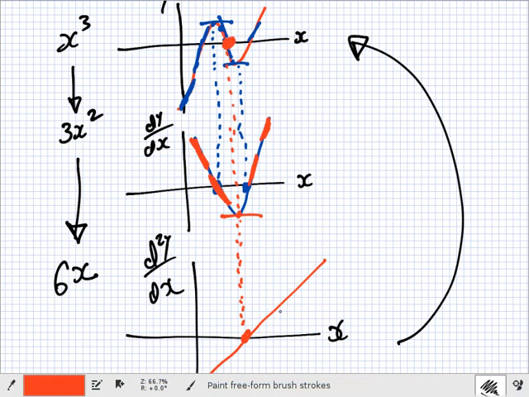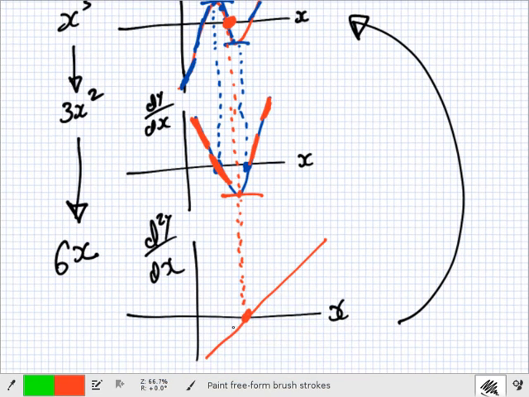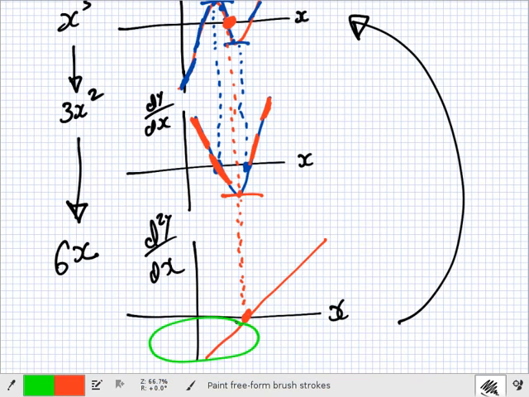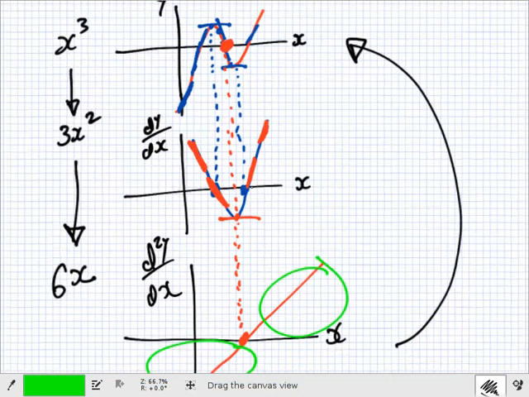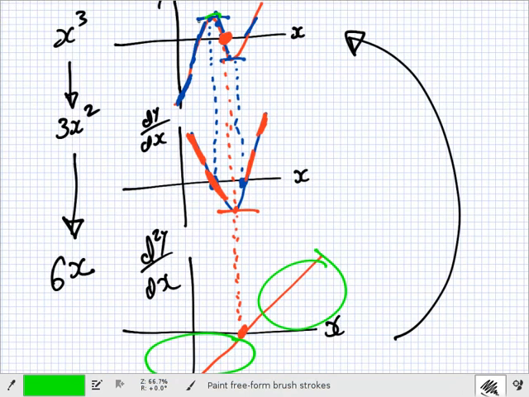Now, look at this graph. This region is negative and this region is positive. How is this region on the left here different to this region on the right? It turns from positive to negative, and here it turns from negative to positive.